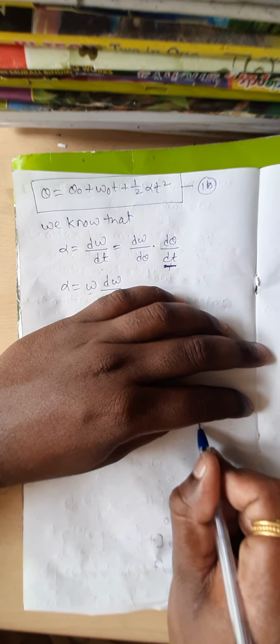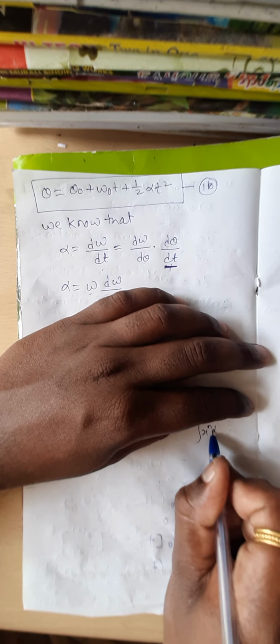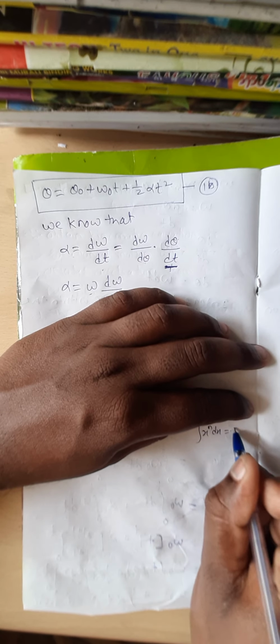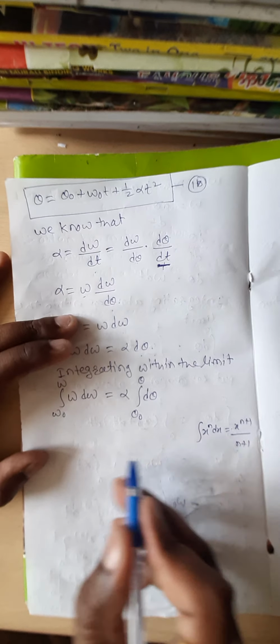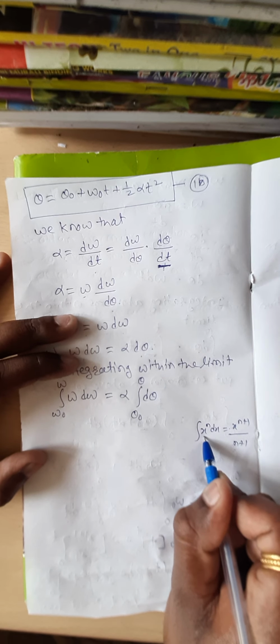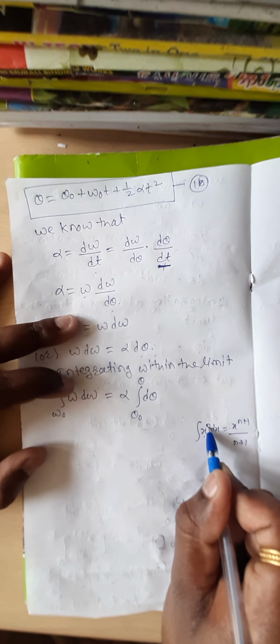Now the integration of omega into d omega. We know one rule: the integration of x to the power n into dx is equal to x to the power n plus 1 divided by n plus 1. Here in place of x we have omega, and n is 1.